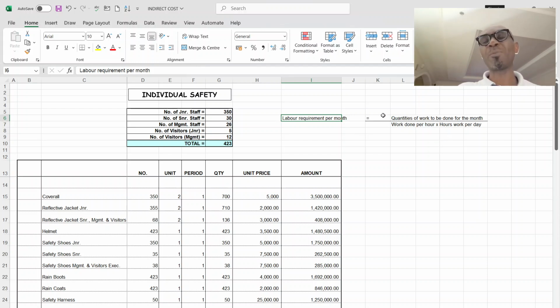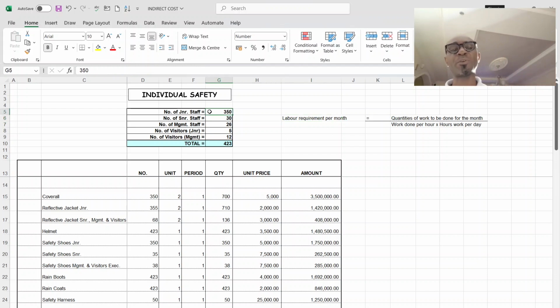But for the purpose of this, since we are not dealing with a bill that has quantities here, we are treating preliminary items. Let's assume that we've been able to prepare our labor forecast from a hypothetical bill, and the total number we need within this 1 year period of this job is 350.